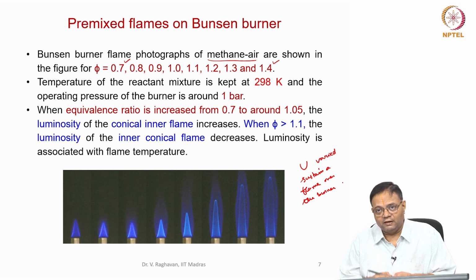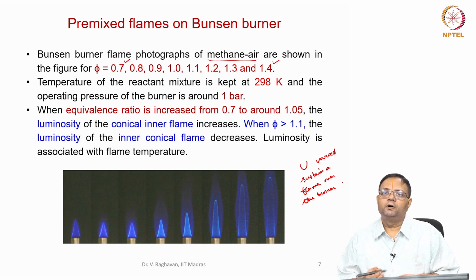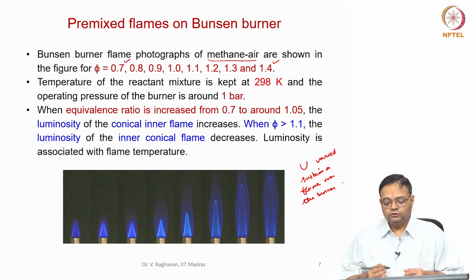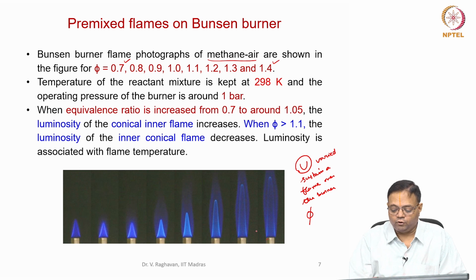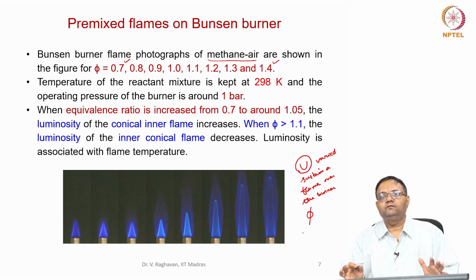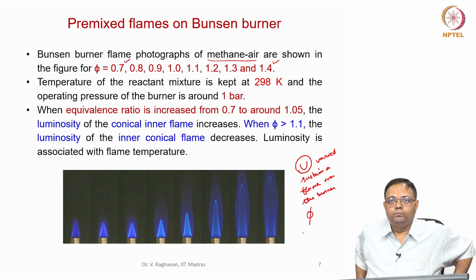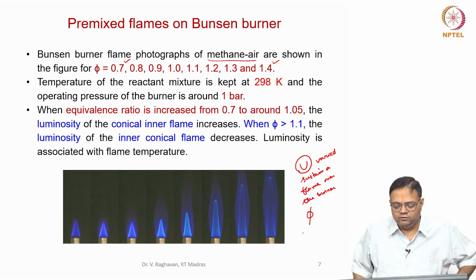If the velocity is lesser, then the flame can go down to the burner tube itself. So, to anchor the flame just outside the burner like this, in all these cases, I have to vary U. So, phi is varied, U is varied, and the flames are sustained over this Bunsen burner tube of a given diameter. It may be 10 mm diameter, for example.